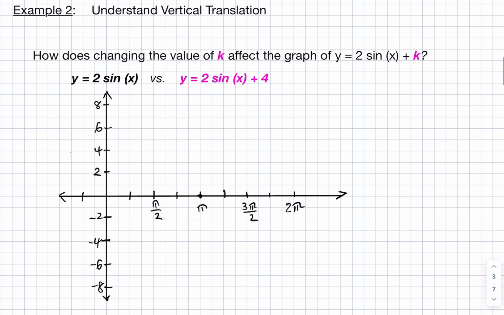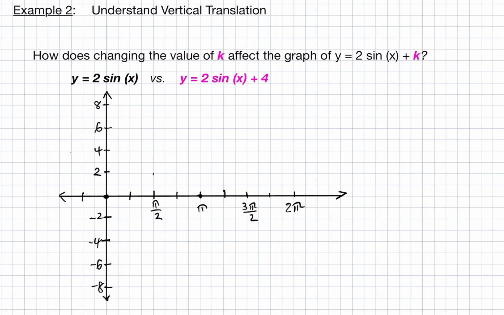All right, so now we're looking at a vertical translation. And here's the question. How does changing the value of k affect the graph of y equals 2 sine x plus k? All right, so just like the previous example, we're going to go ahead and graph this function first. So again, we have an amplitude of 2. So we're going to start at 0.